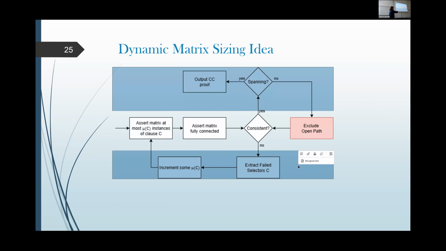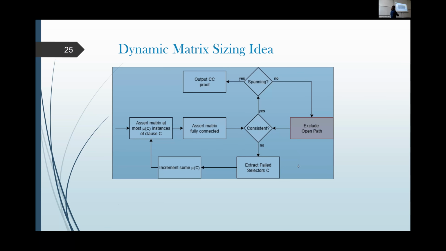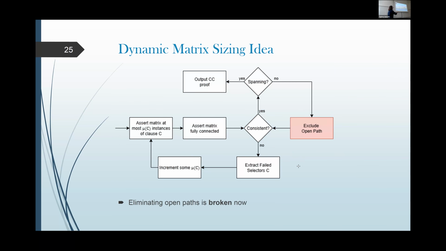Okay, finally, this code looks decent, I would say. However, it's entirely unsound, given that we just used it as before. In particular, this part with the exclude and open path is unsound. Well, why is it broken?